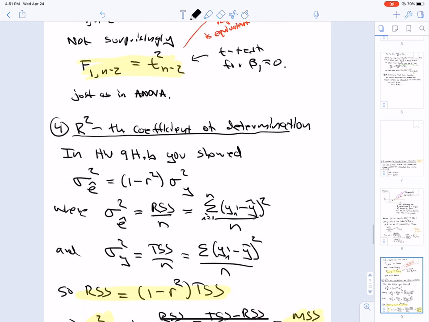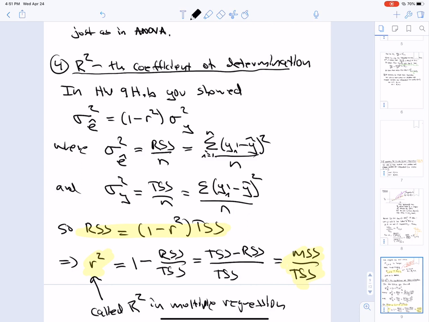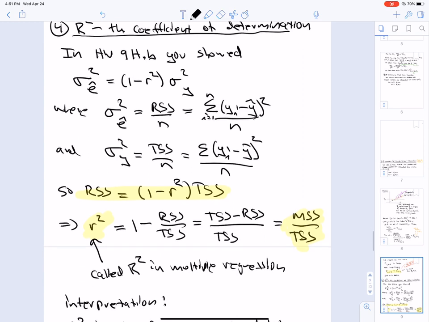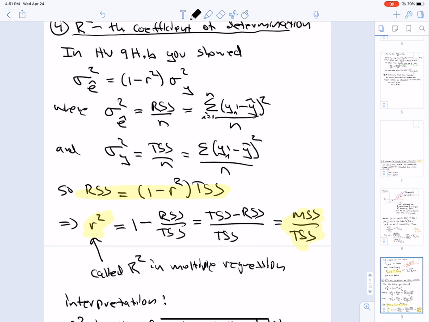So finally, we're going to talk about the R squared, the coefficient of determination. In homework 9, you showed that sigma squared residual is 1 minus R squared times sigma squared y, where these are defined as shown here.